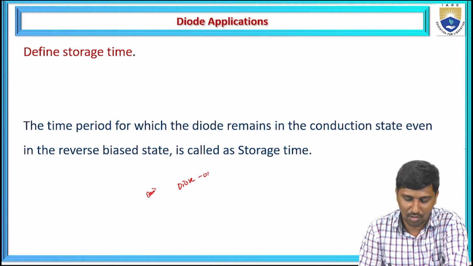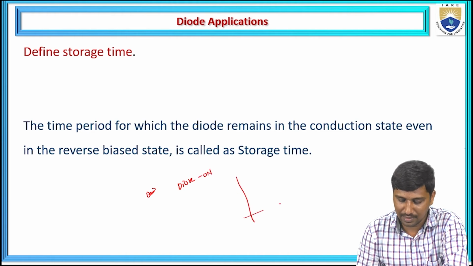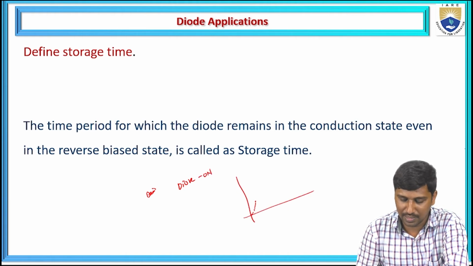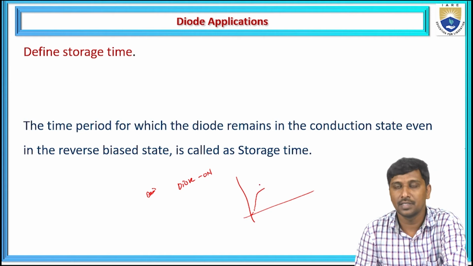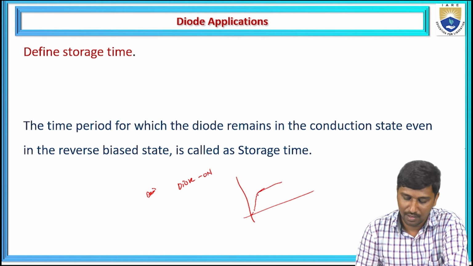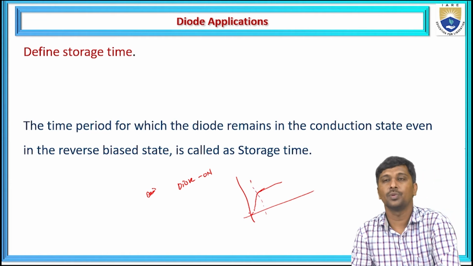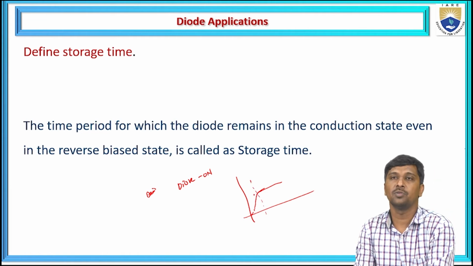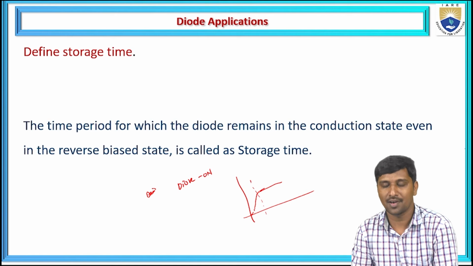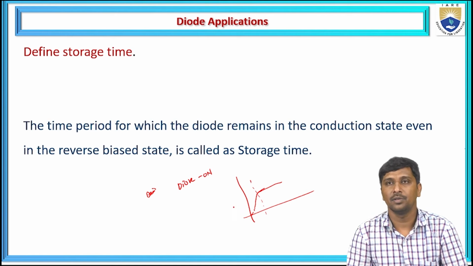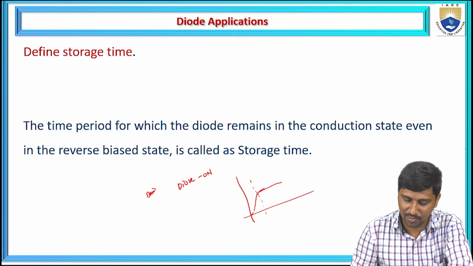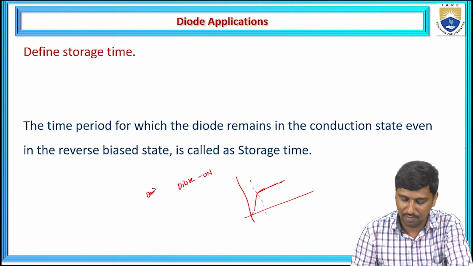When the diode reaches the maximum current, it becomes stable. This is the time required to attain the maximum value when the diode enters the on state. When the diode has reached the maximum state, it stays stable even if you increase the voltage.